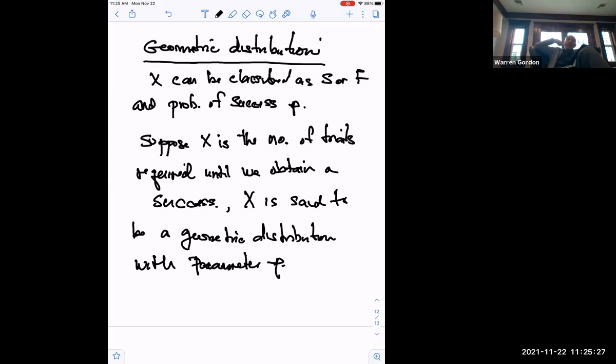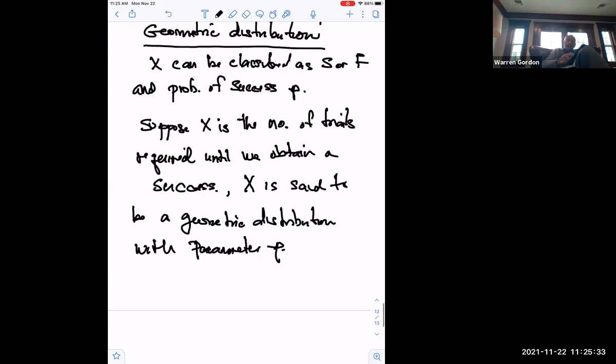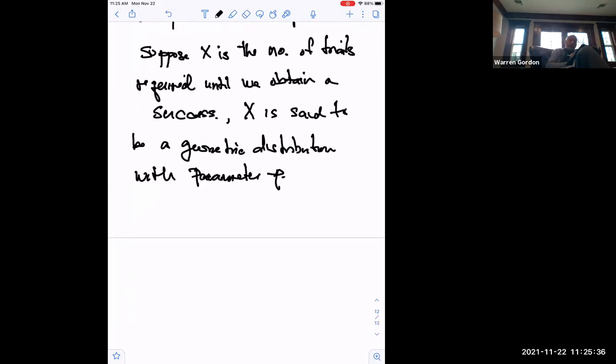X is the number of trials we need until we get the first success. So the problem is, what's the probability that X equals K?